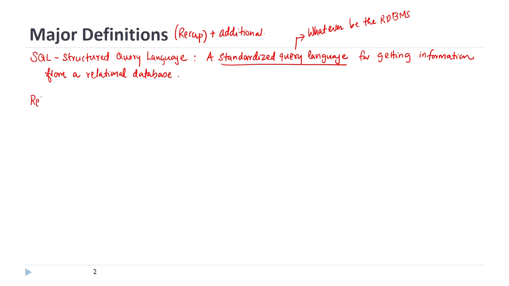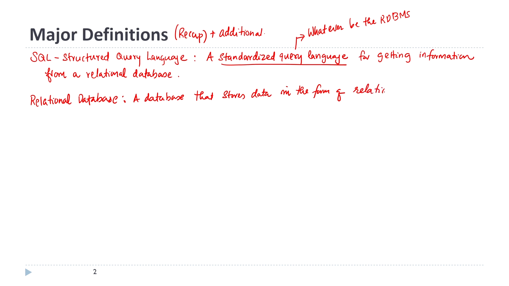Then we had already talked about what a relational database is, but let us recap it quickly. It is a database that stores data in the form of relational tables, as opposed to flat files.